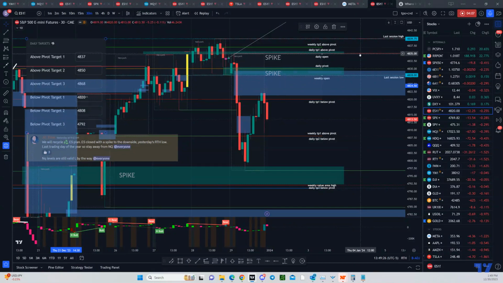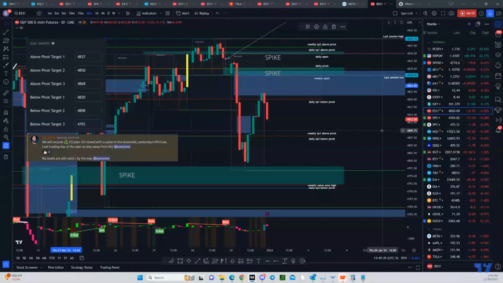That's the downside portion of that. If I give you 37, it will go to 39 and a half, which takes us to this area here, which is last session high, pretty much. But anyways, that's just the way I look at it. It's a 5 point zone. Every level is a five point zone. But when you have a narrow range in the ES, a 5 point zone seems like an eternity.